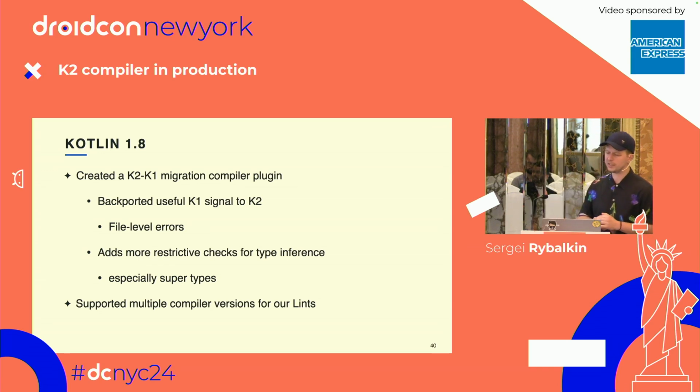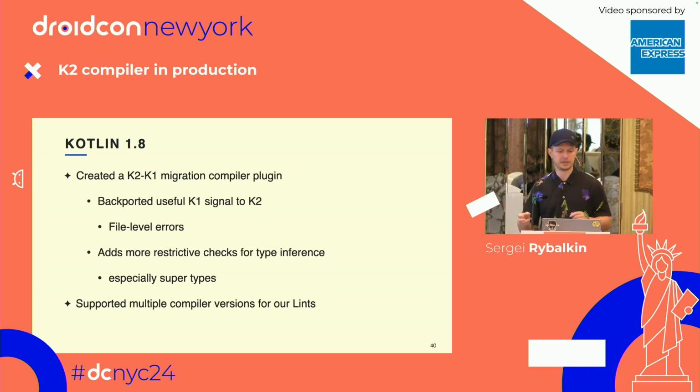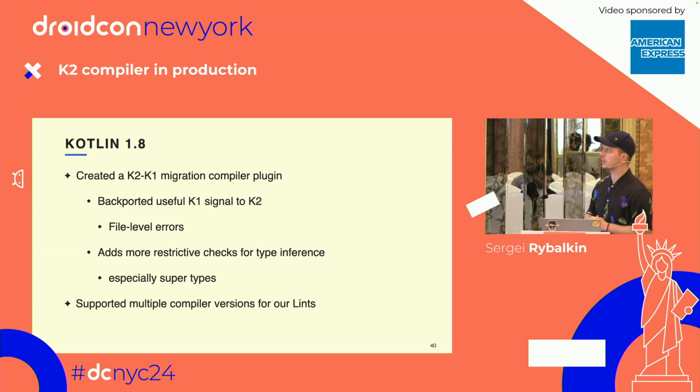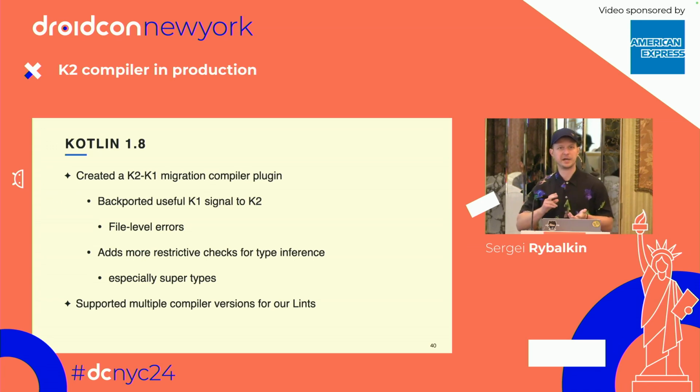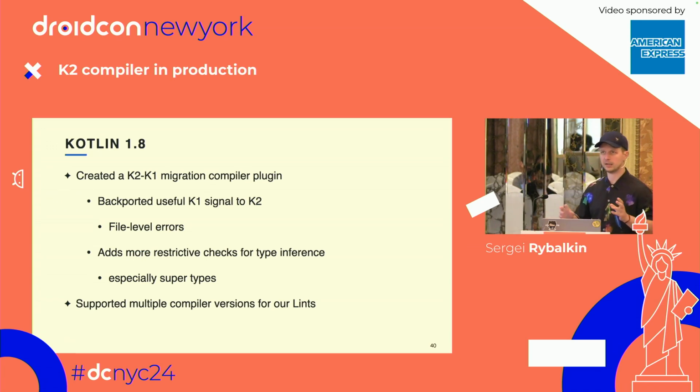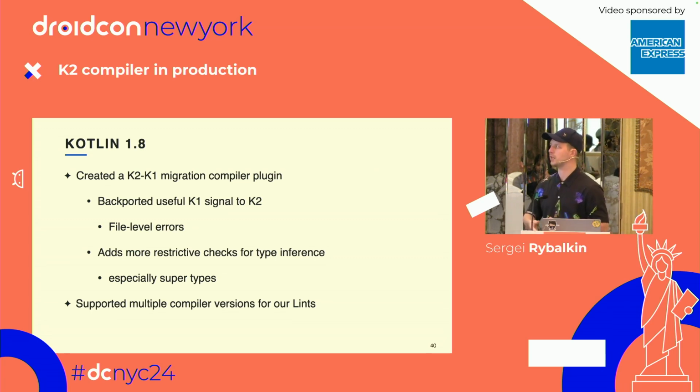In Kotlin 1.8, we created the migration plugin for modules where we wanted to run both K1 and K2 for quite a while. The role of this plugin was, in some cases, to make K2 more stupid, so as not to perform any nice, new, shiny smart casts, and also to reduce the impact of some bugs that K2 has.